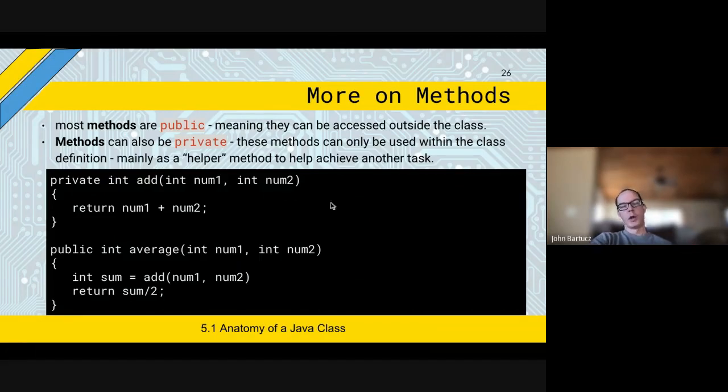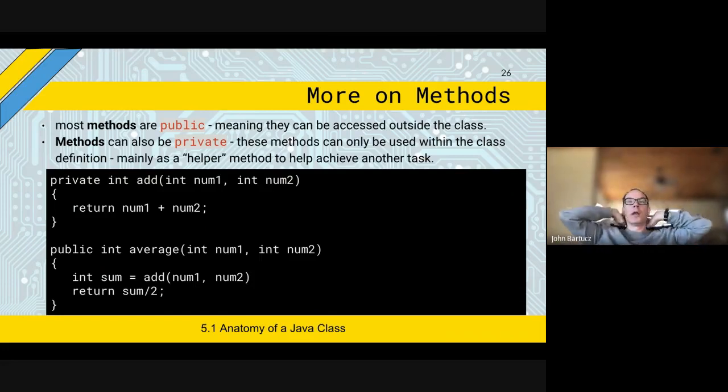But you don't want people to say print Bob dot add, because it doesn't make sense to add two grades together, right? You don't want to show that to people outside of your class, but you still need to use it to calculate the average. So that's why you make add private, because it's a helper method to all these other methods that you might use inside your own class for other purposes.